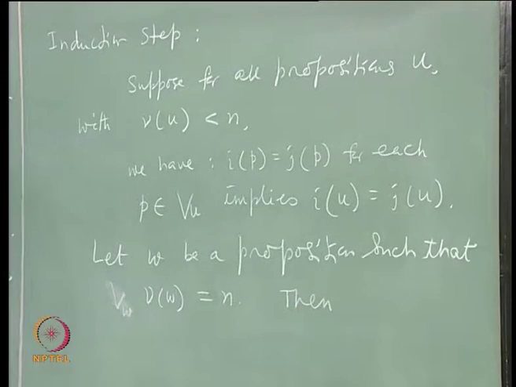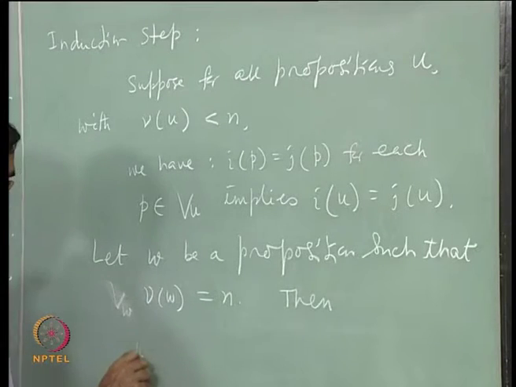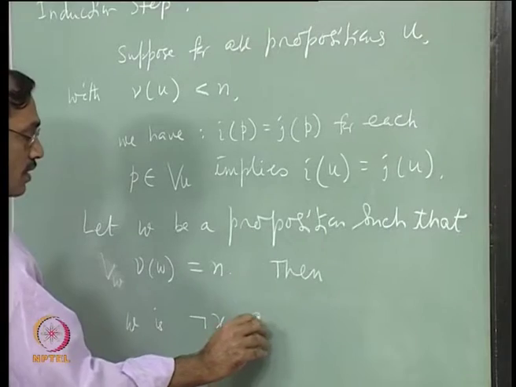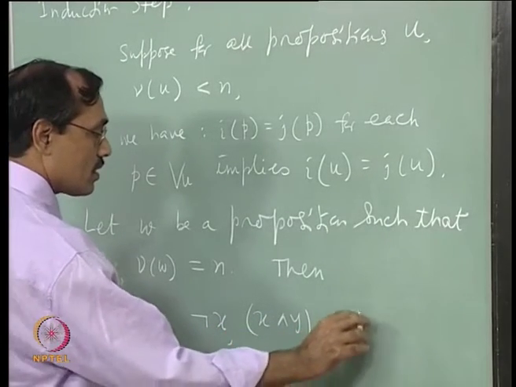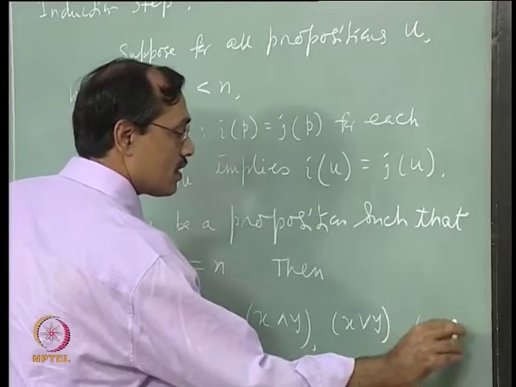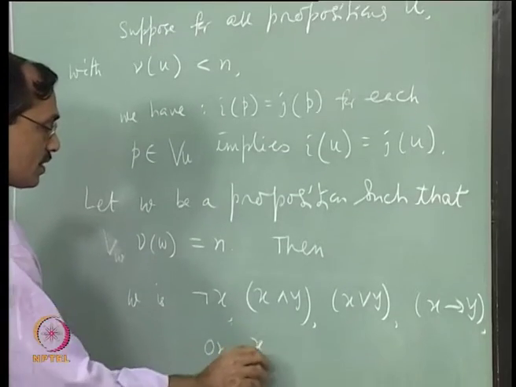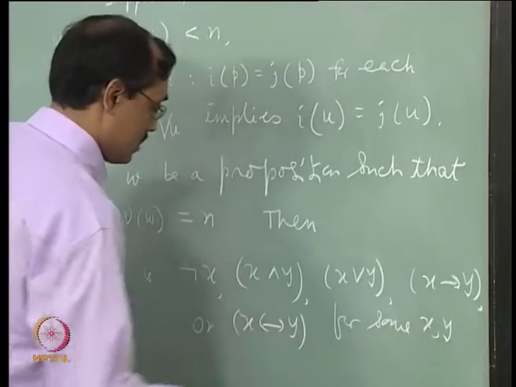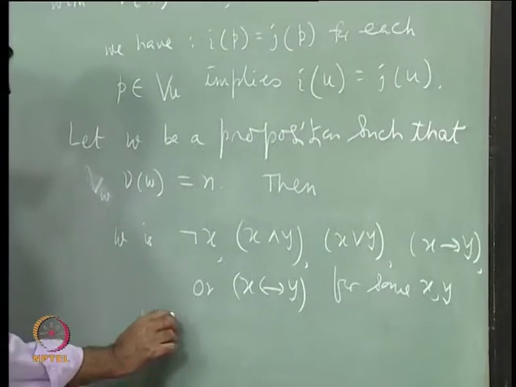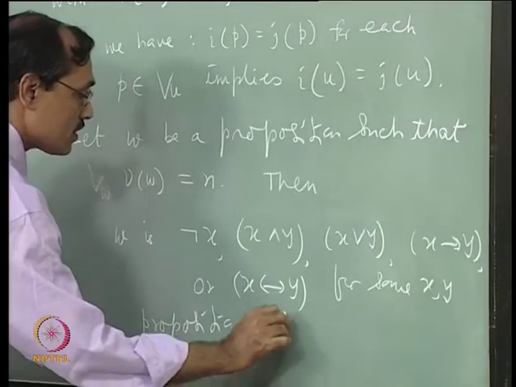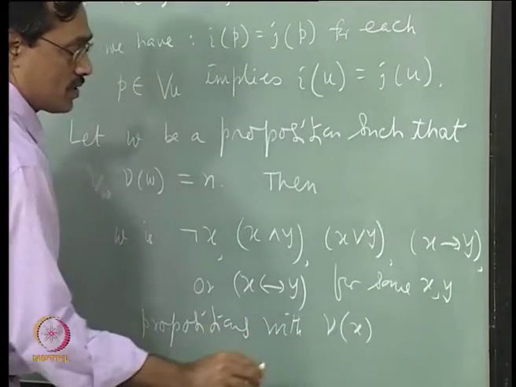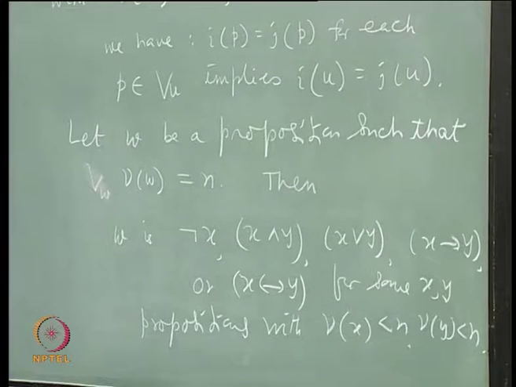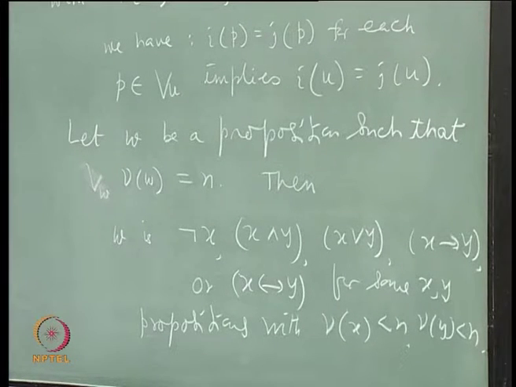By definition of the grammar of all propositions, w must be not x, or x and y, or x or y, or x implies y, or x by conditional y, for some propositions x, y with nu of x less than n, nu of y less than n. Okay. Now, you can complete it.